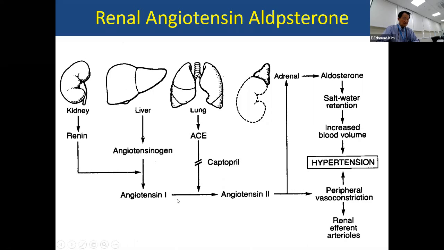Angiotensin 1 is converted to angiotensin 2 by angiotensin converting enzyme, which is produced by the lung. Captopril inhibits this enzyme.